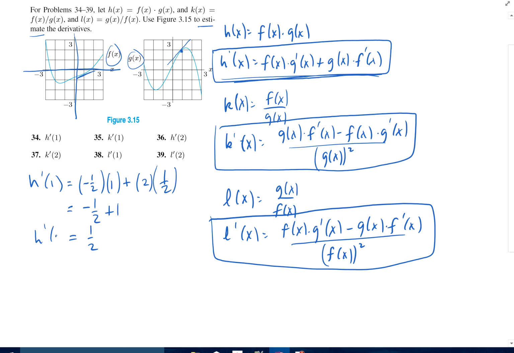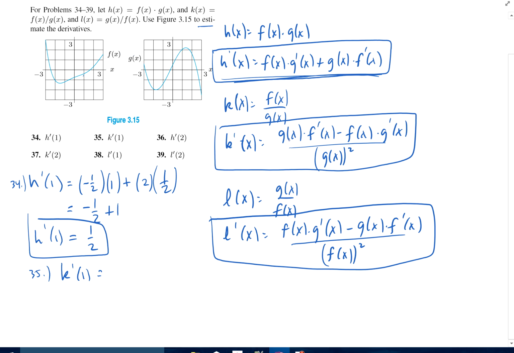So h prime of 1 is 1/2. Okay, k prime of 1. Let me erase all these to make this simpler.